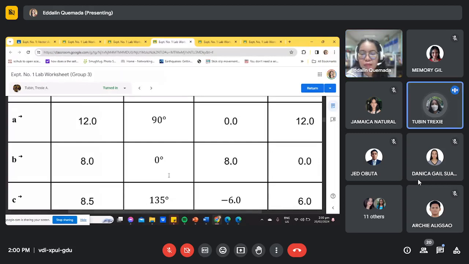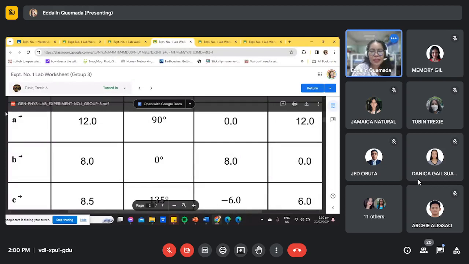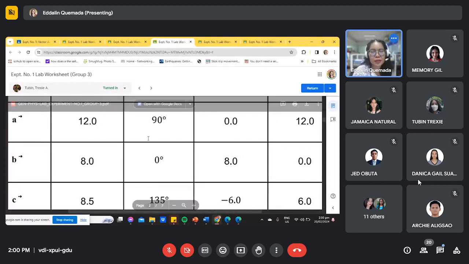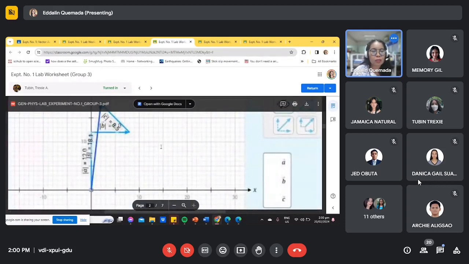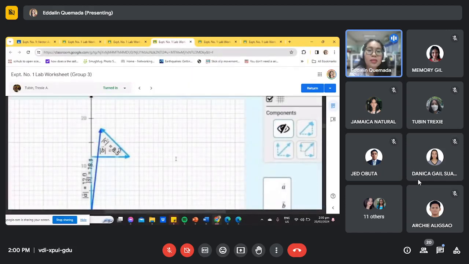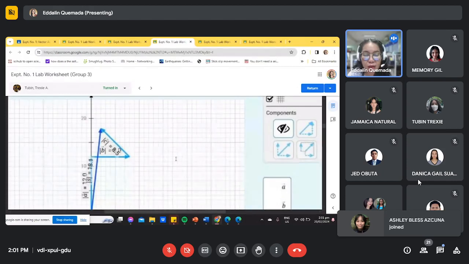Its x and y components are opposite. Other than that, look at the difference of vector C from vectors A and B, even in its orientation. Vector A lies along the y-axis, vector B lies along the x-axis. How about vector C? I am giving you now the idea. How about vector C?